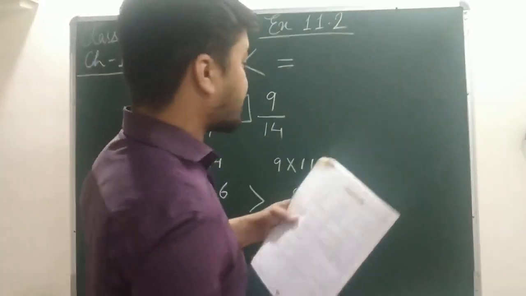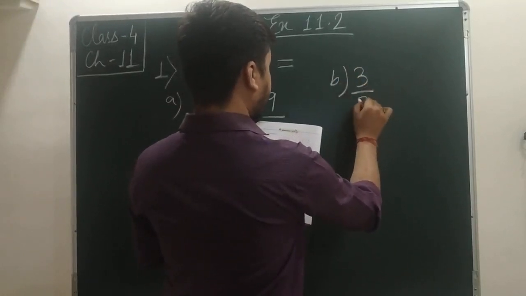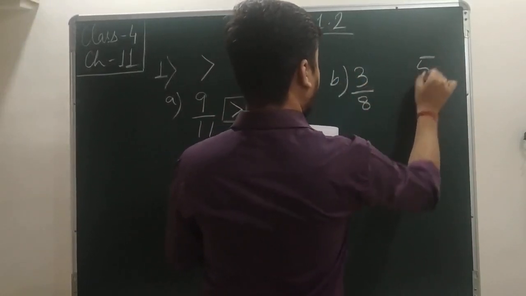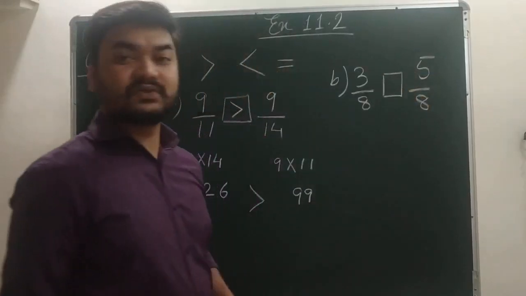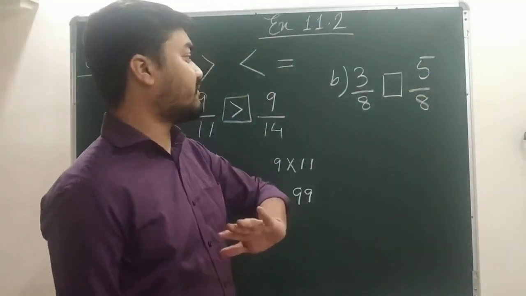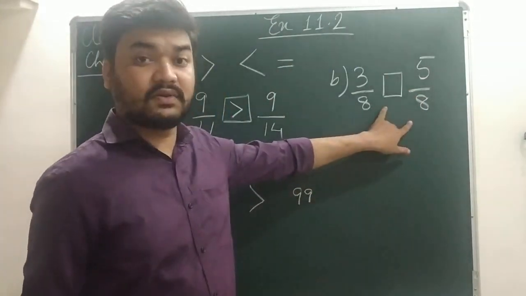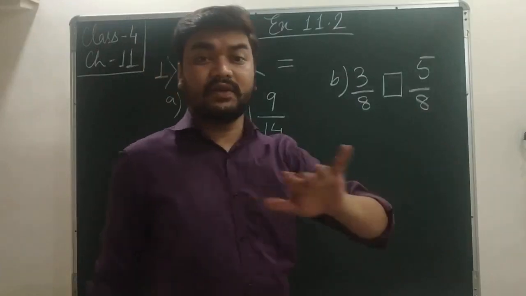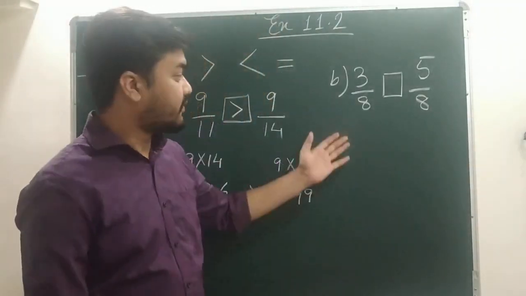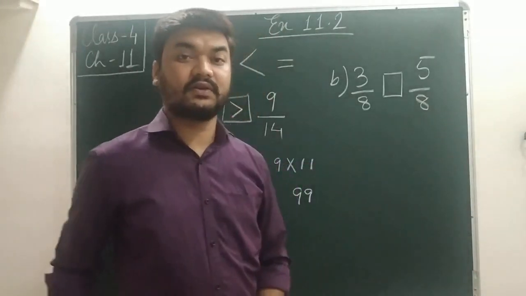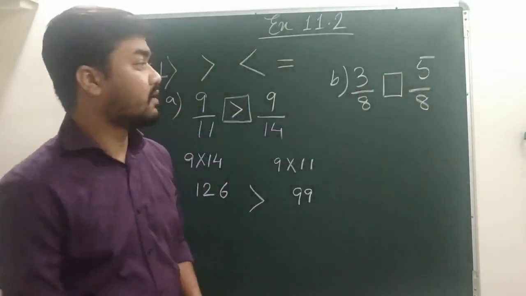Moving forward to the next question. If we get questions like this, 3 by 8, 5 by 8, in this question you have nothing to do with the multiplication part, because if you have the same denominator, you just have to see the numerator part, which is bigger or smaller.